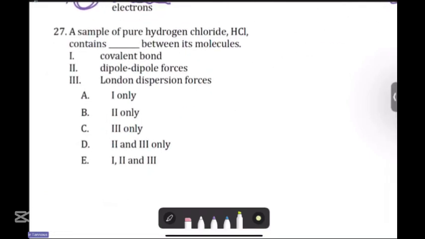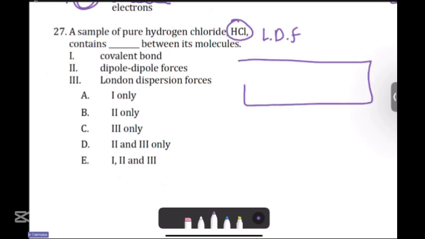HCl, a sample of HCl. Before you continue, ask yourself, what are the intermolecular forces? London dispersion forces for sure. Now go to the periodic table. That's hydrogen and Cl is here. They're too far from each other, so definitely this is polar and it will have dipole-dipole. Is it NOF?